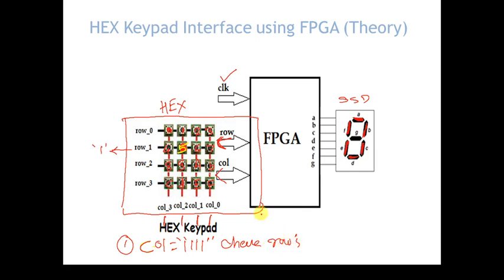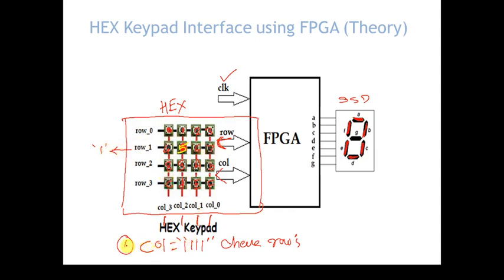Out of 16 keys we are able to identify at least 4 keys. We may know that in row 1 either this key is pressed, or the 5th, 6th or 7th key, but we still don't know which, because all columns are 1. Even if you press 4, row 1 will become 1. If you press 6, row 1 also becomes 1, and if you press 7, row 1 becomes 1.